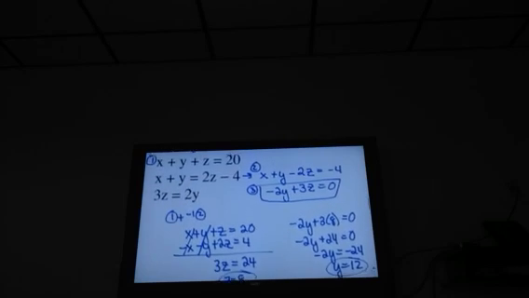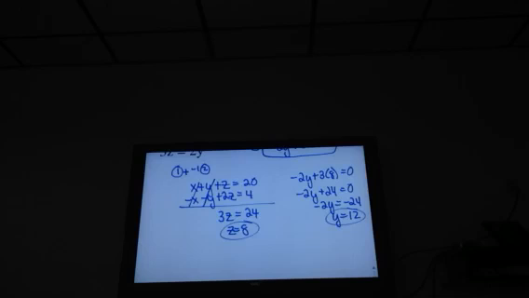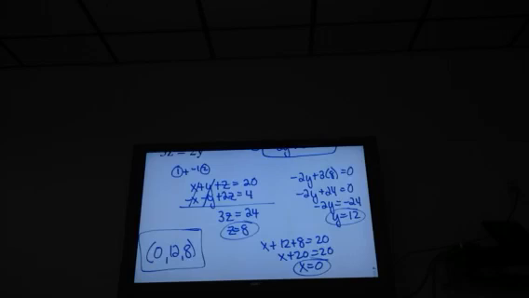I'm going to go to that top equation. My x plus y plus z is 20. So x plus 12 plus 8 is 20. X plus 20 equals 20, which means my x is 0. And I get my 0, 12, 8.